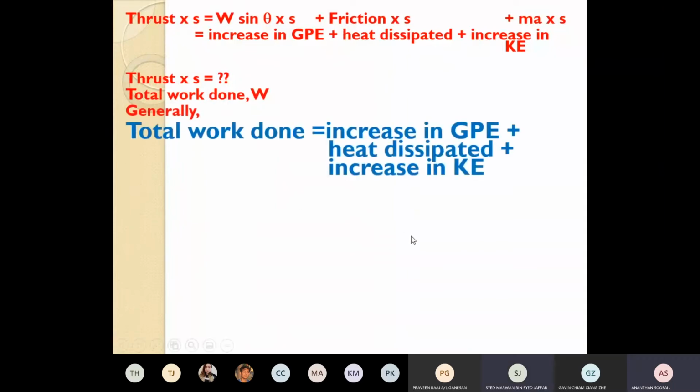Total work done by the thrust is increase in GPE, heat dissipated, increase in kinetic energy. Behind GPE, remember what is realized: W sin theta s. Behind heat dissipated: friction times s. Behind increase in kinetic energy: mas. All the s here are the distance traveled along the inclined surface.